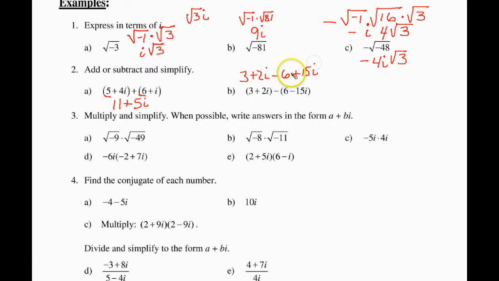Now remember, it's worth the time to write it out. Just mentally doing it and then forgetting to change one of the signs, not a good idea. So this becomes a -3, and a plus 2i and a plus 15i give me a plus 17i.